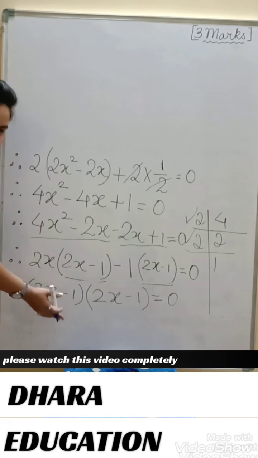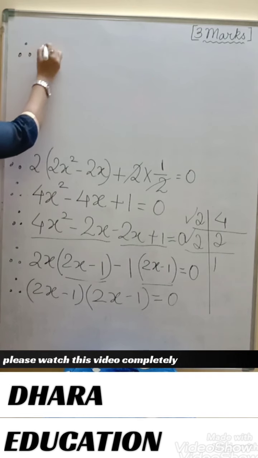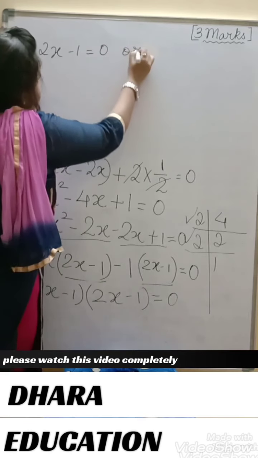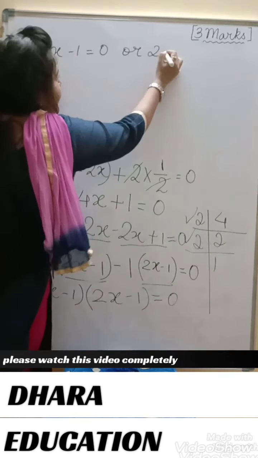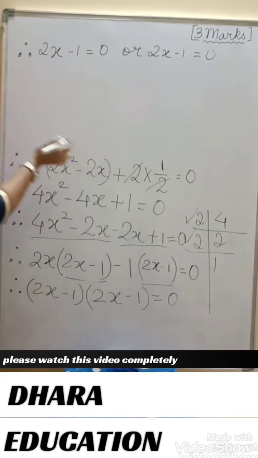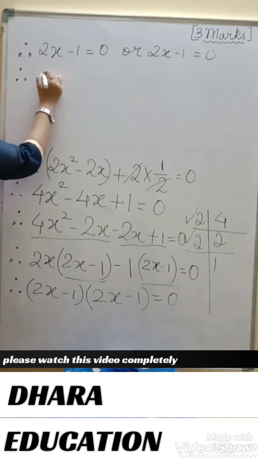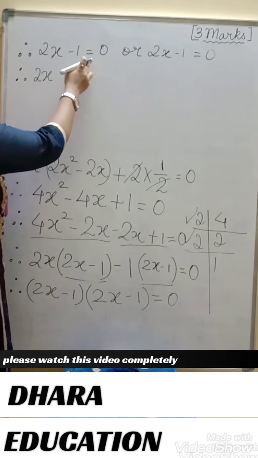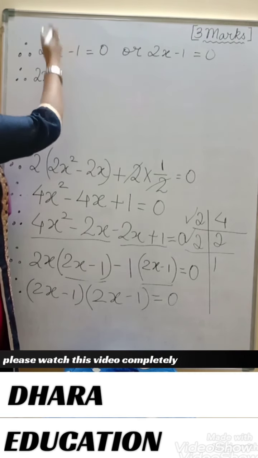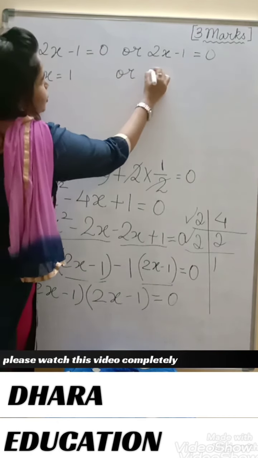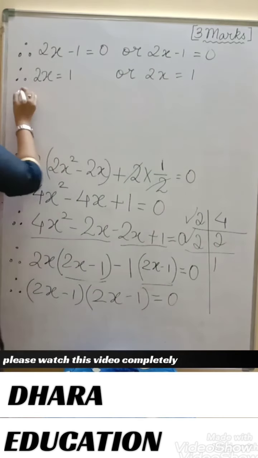Okay, as I don't have enough space over here, so I am writing over here. Therefore, 2x minus 1 is equals to 0, or 2x minus 1 is equals to 0. So when we put this over there, it will be positive, or 2x is equals to 1.